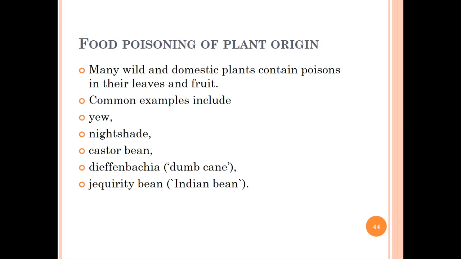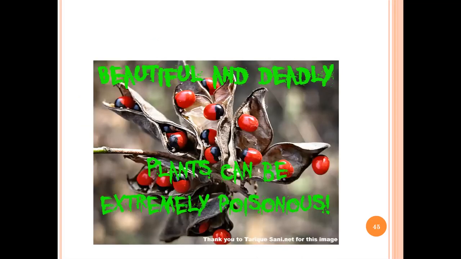Let me show you some pictures, some examples of poisonous plants. It's, for example, nightshade, castor bean, dumb cane, jequirity bean. Let's look at the pictures. Very bright but dangerous plants.